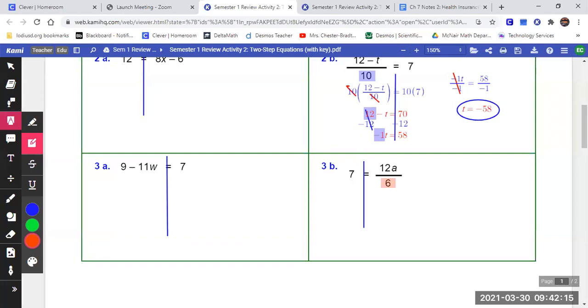Multiply both sides by 6. We have to big 1 that 6 out of there, because the part with the letters is on the top. Okay. So we have to multiply both sides by 6.